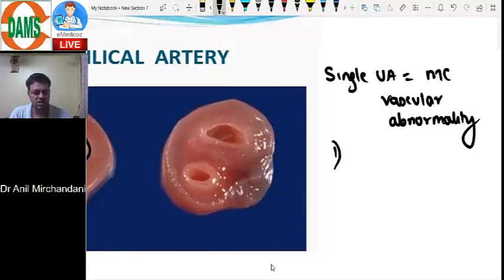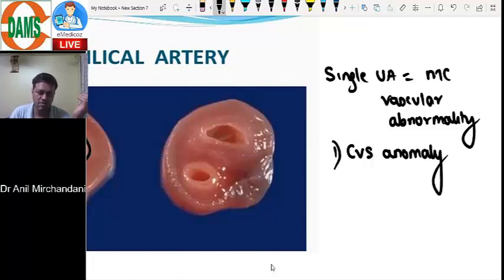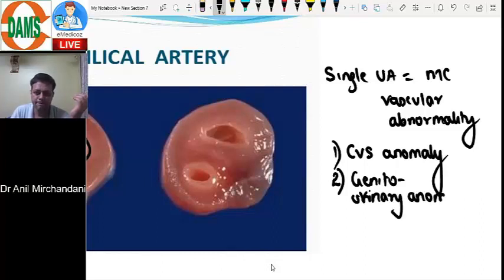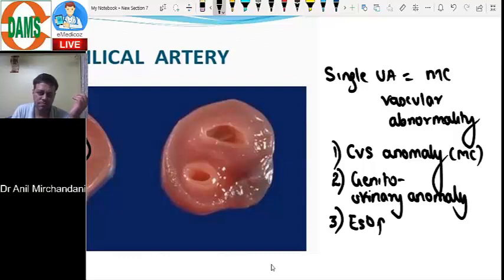It can be seen with cardiovascular anomaly, CVS anomaly in fetus. It can be seen with genitourinary anomalies. CVS anomaly would be most common, then genitourinary anomalies, then esophageal atresia, so GI abnormalities are also associated.